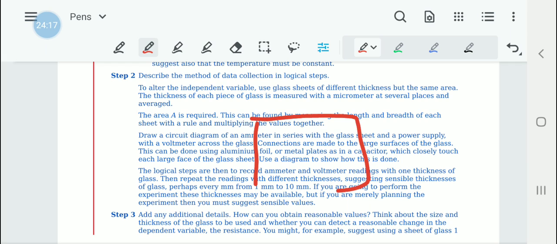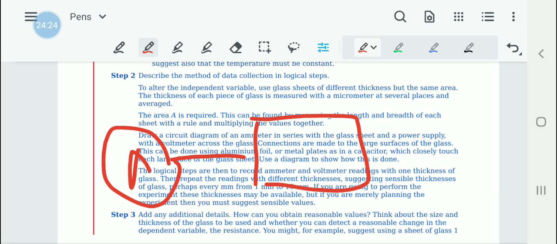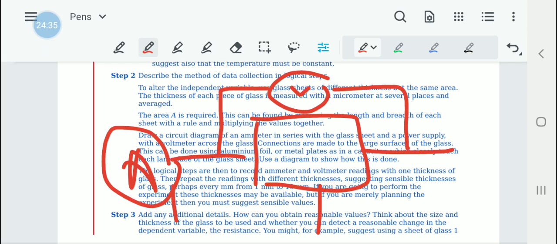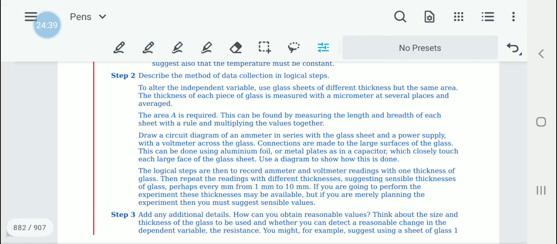You have the glass, then in series with this you have an ammeter. Then across this you would have the voltmeter. This is the glass, and you have to mention what they are, right? I hope you understood. If you have any questions, please ask.